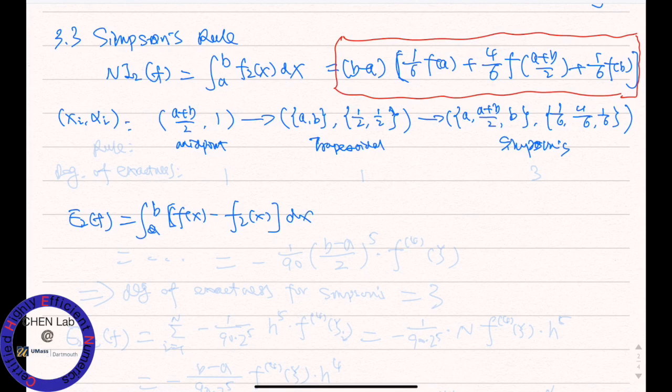You put in the error, and you simplify. In the end, you can either work this out or again read the book. The book has all the details. You're going to get, this is more complicated, 1 over 90, I think, times (b minus a) over 2 to the 5th power times the fourth derivative of f at ξ.